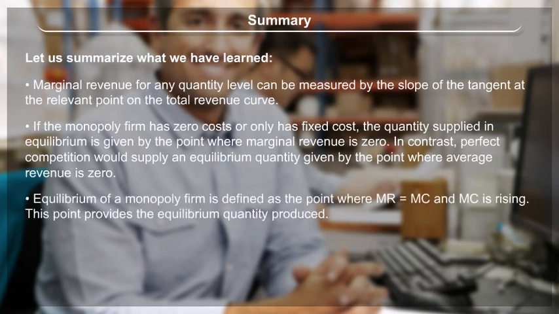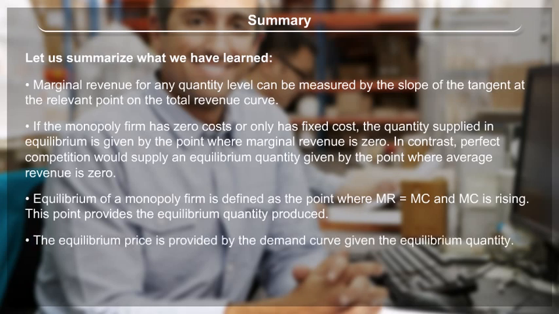Equilibrium of a monopoly firm is defined as the point where MR is equal to MC and MC is rising. This point provides the equilibrium quantity produced. The equilibrium price is provided by the demand curve given the equilibrium quantity.